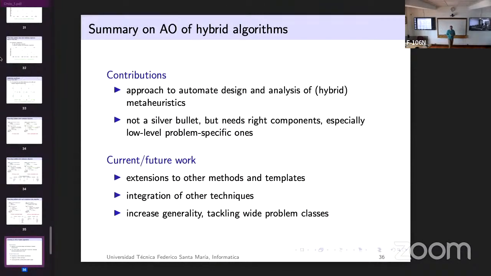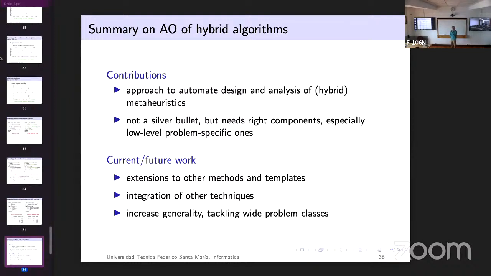So one has a summary of the automatic algorithms for hybrid algorithms. So the contributions are one approach to automated design and analysis of algorithms, and it's not a silver bullet. Because the silver bullet would not be a major effort for the implementation.